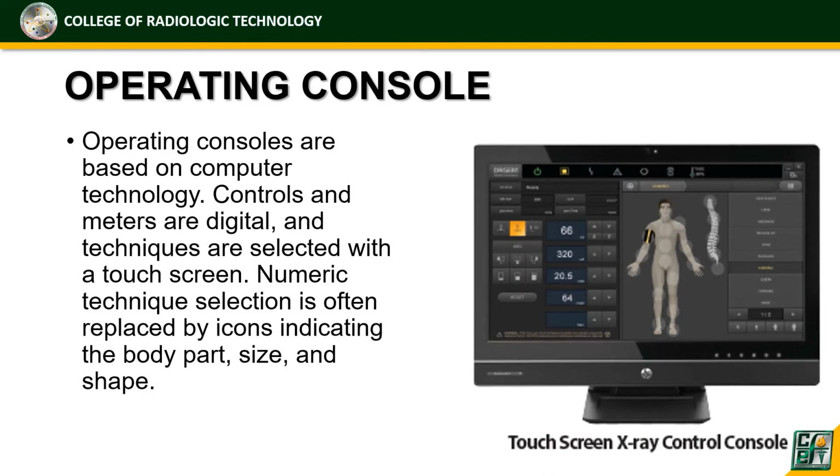As you can see, you can just click on any body part to be examined, and then you can adjust the KVP, the mA, and the time. You can also select the body habitus, whether thin or bulky. You can also select the size of the focal spot in the control panel.